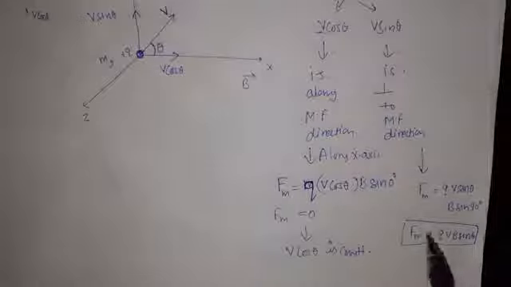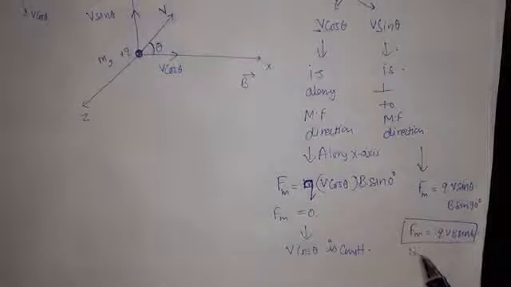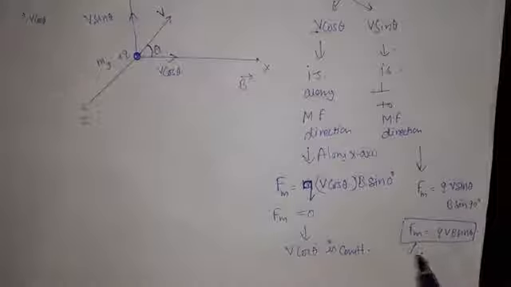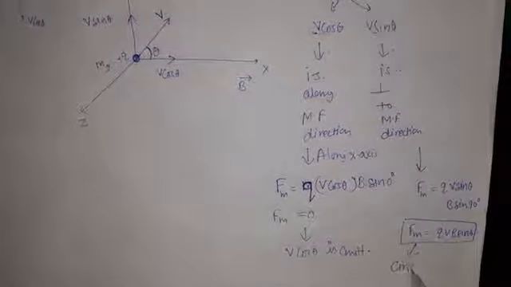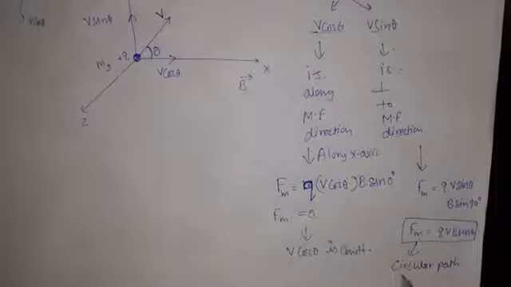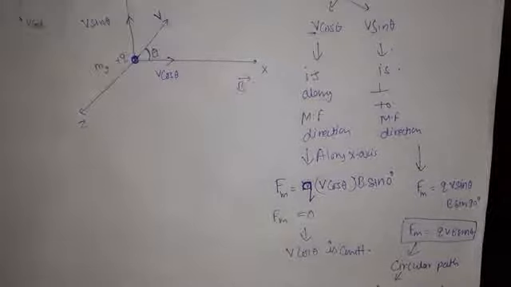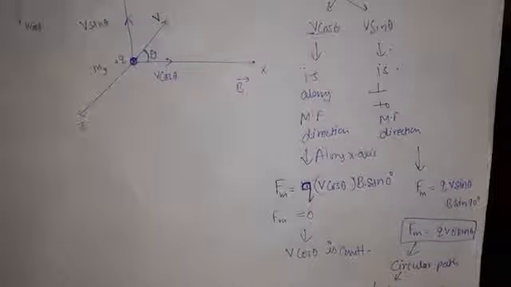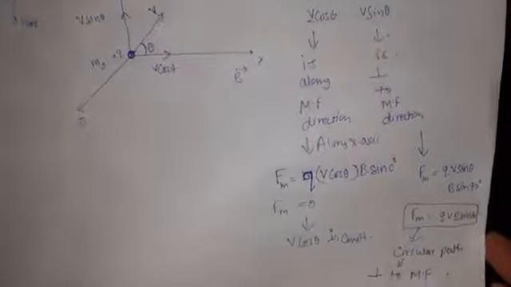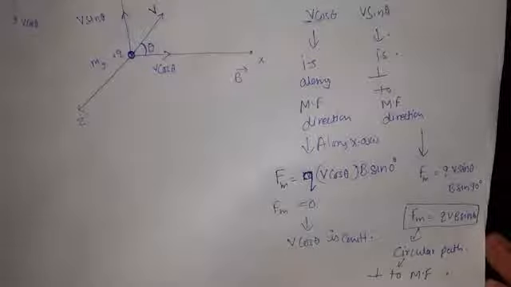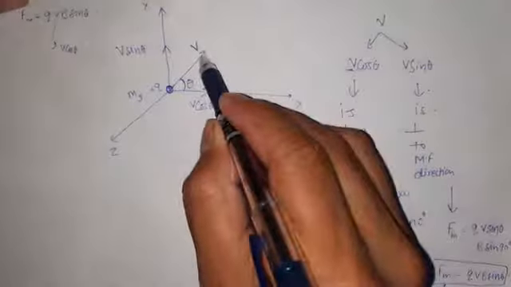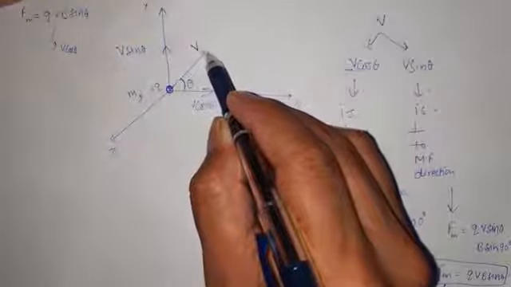Due to this magnetic force it will move in a circular path, and this circular path is perpendicular to the magnetic field. Just look over here, we will then have its motion which is given here.